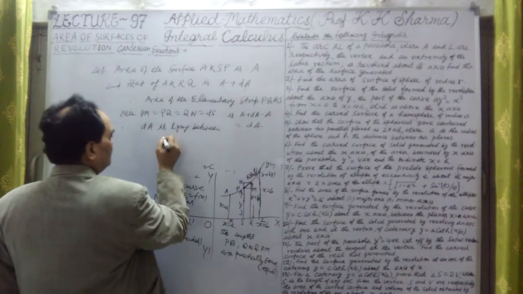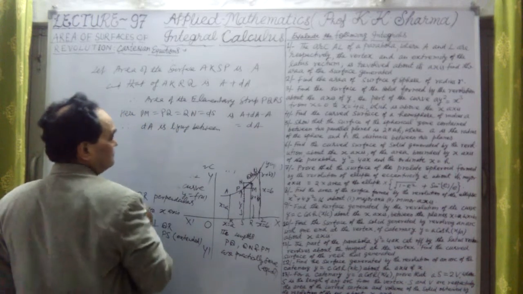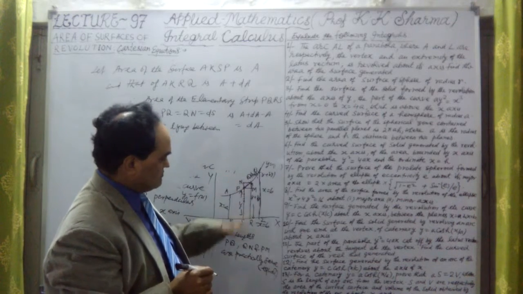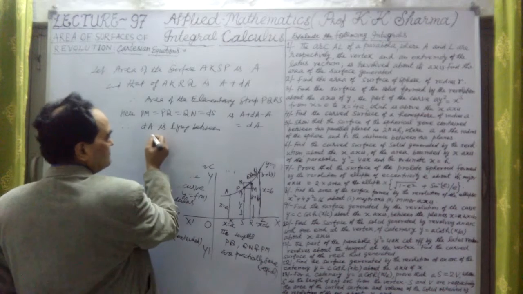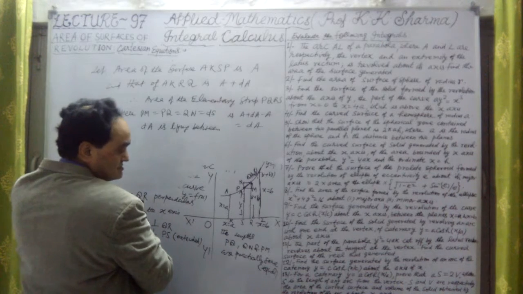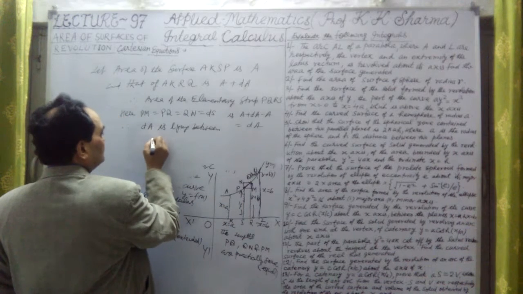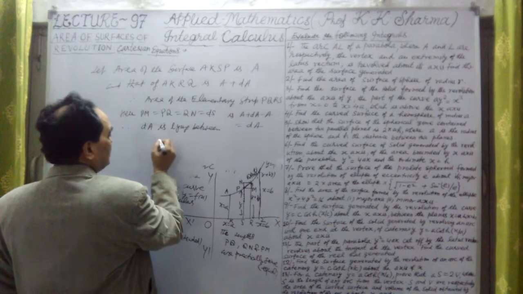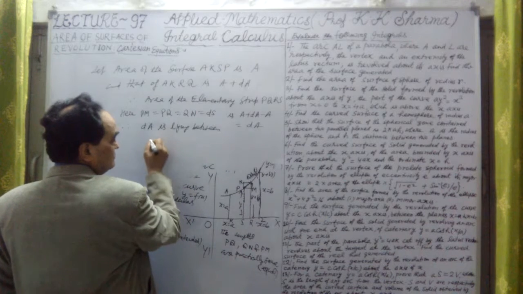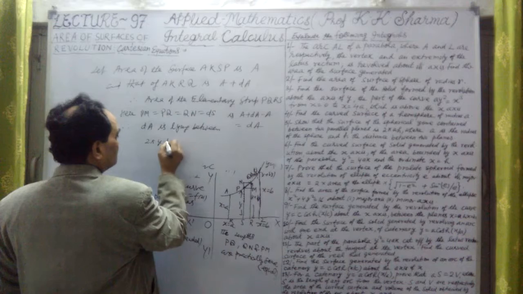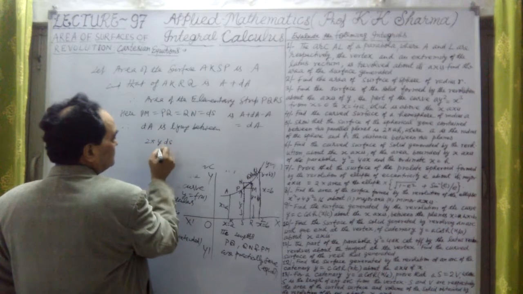This is y into ds. Okay, this area is. But if I find out the circumference of this, so area of that will be equal to, dA is lying between, with that 2 pi into y into ds. This is area of y into ds.